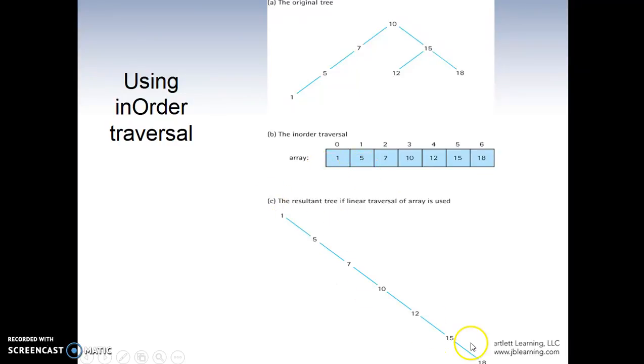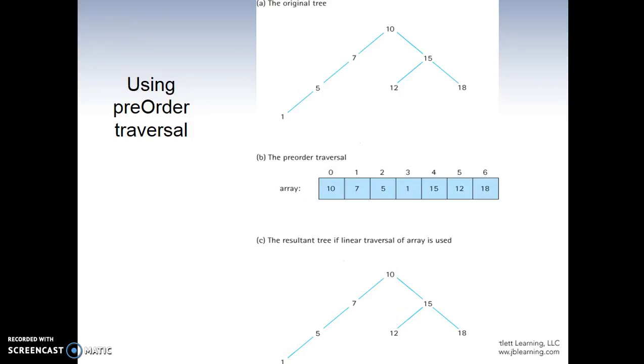Then we're going to get a linear tree like that, which is not a balanced tree. Now, if you use the pre-order approach, on the same tree here, root, left, right, we insert this back to construct the tree, and we get the same tree back.